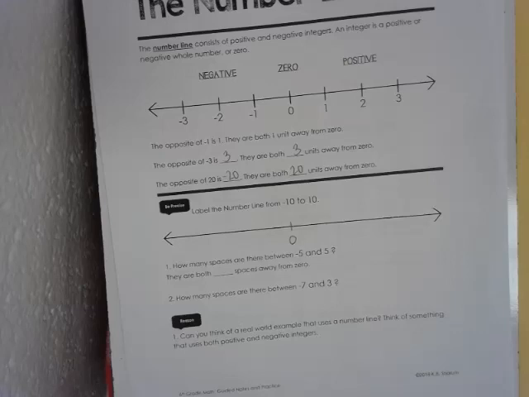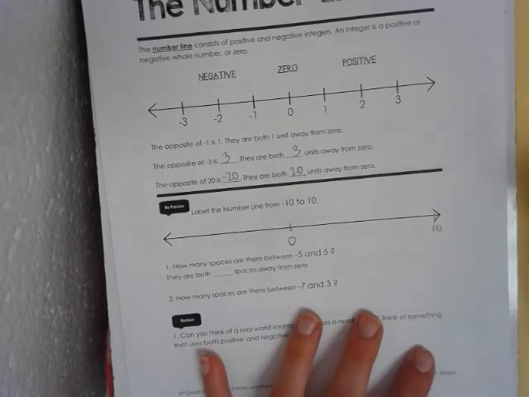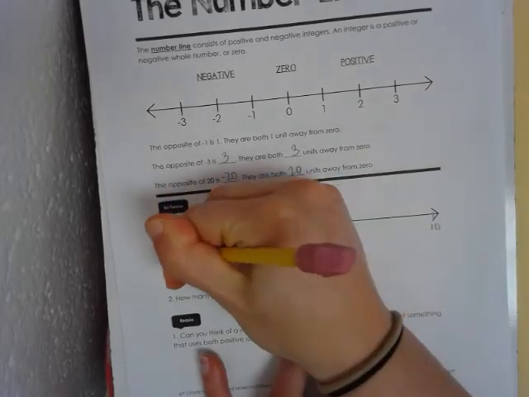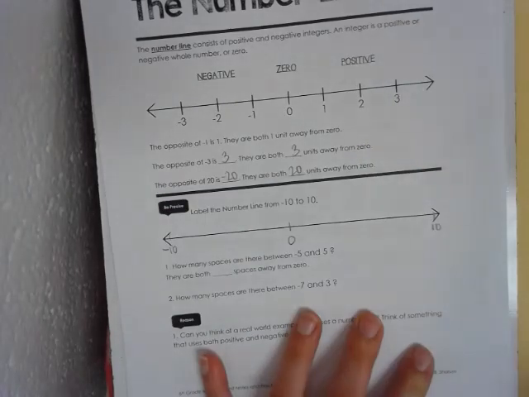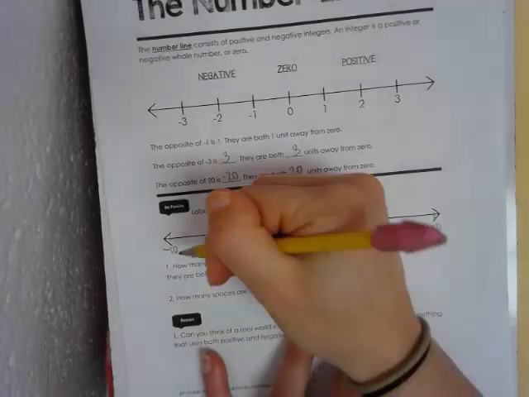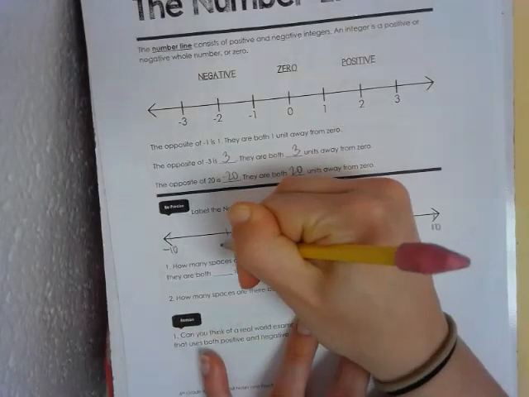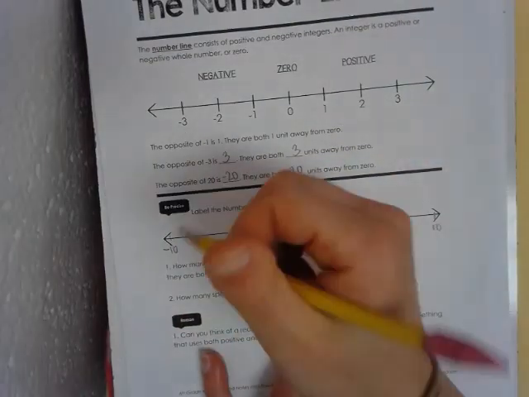They are the same distance apart from 0. I'm going to end at 10 and start at negative 10. If I need to get from negative 10 to 0, the numbers in between are going to be getting closer to 0. So again, I'm going to split this in half and go 5 and 5.